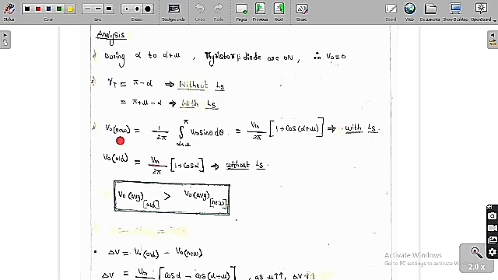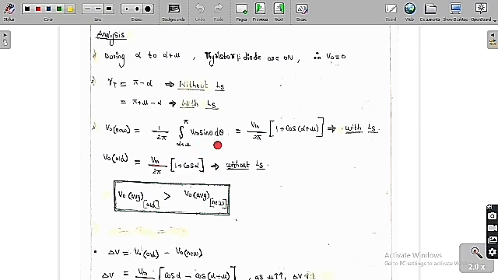Now I want to find the average value of the new output voltage, which is 1 by 2 pi times the integral from alpha plus mu to pi. V0 of t, from alpha plus mu to pi, is when the thyristor is conducting, so the output voltage equals the source voltage, Vm sin theta d theta.